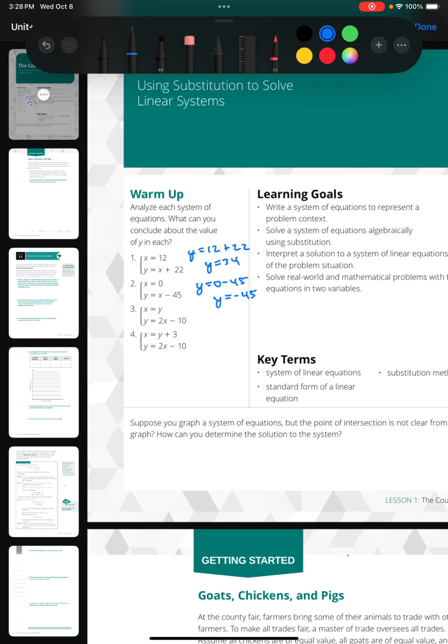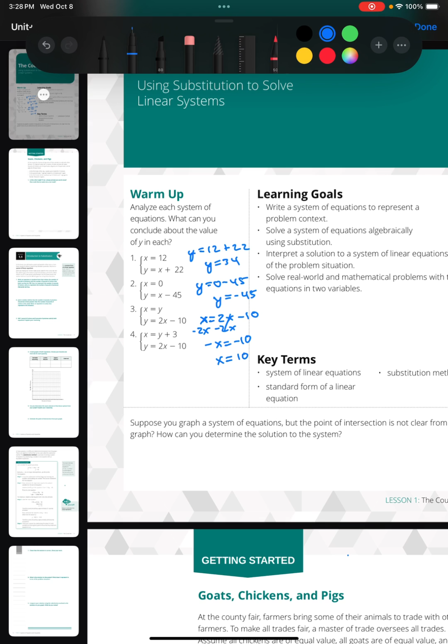Well, if x equals y, if we plug in x for y, we're going to have x equals 2x minus 10, and then we could solve for x, so we could subtract 2x, and we'd have negative x equals negative 10, and then of course divide by negative 1, and we're going to end up with x equals positive 10.